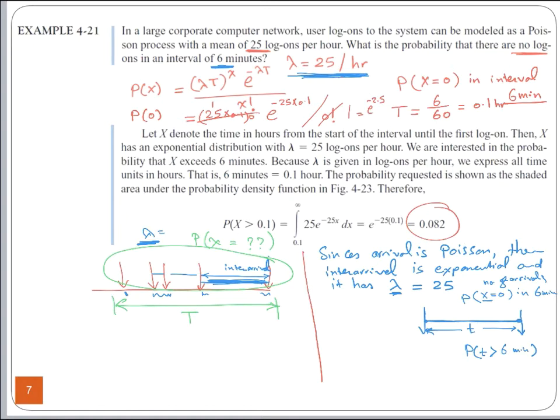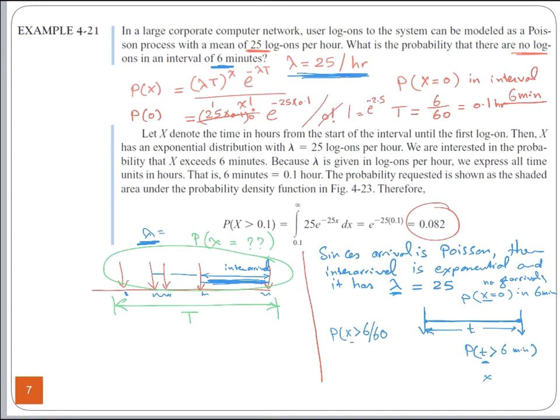That's the same equivalent. So now this t is our random variable with an exponential distribution, because it's the time between one arrival and the next of a Poisson process. So we are looking for the probability that x is greater than 6 over 60.